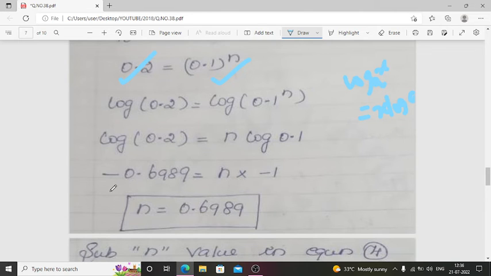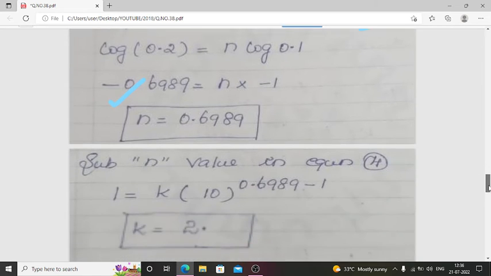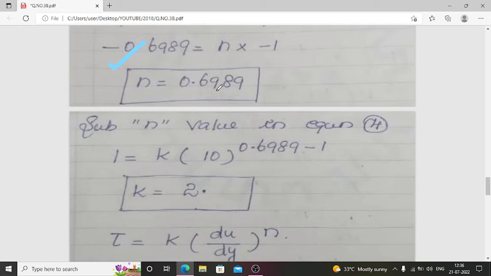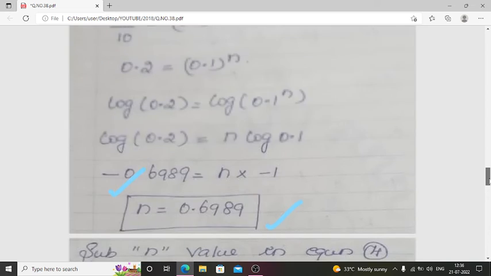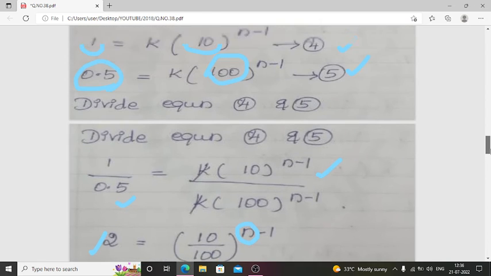So left hand side log of 0.2, minus 0.6989. Right hand side n into log of 0.1, that is minus 1. So finally we get the flow behavior index n value 0.6989. Okay, so after calculating the flow behavior index, substitute this value in equation 4. Already we have the two expressions, the fourth and fifth expression.